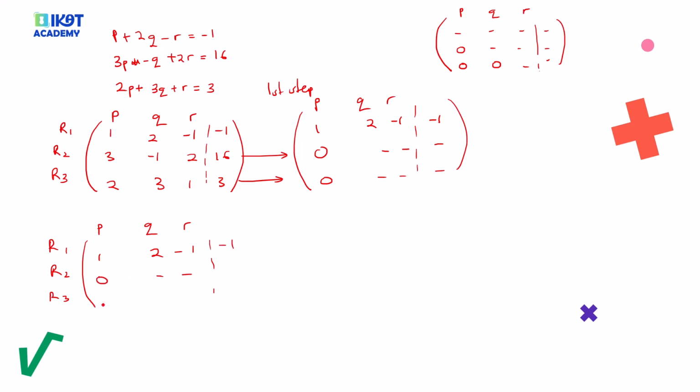The dashes are representing the values. Then in the second step, we just transform this last one to look like 0. So we'll have now this. You see, the first row doesn't actually change.